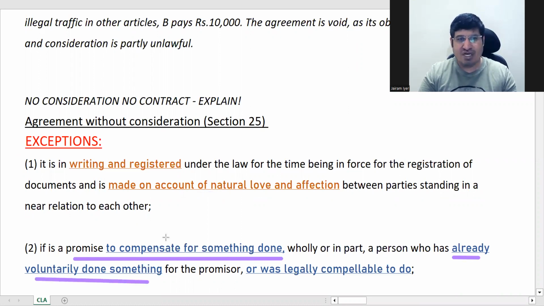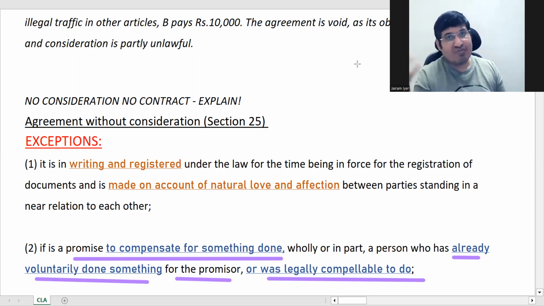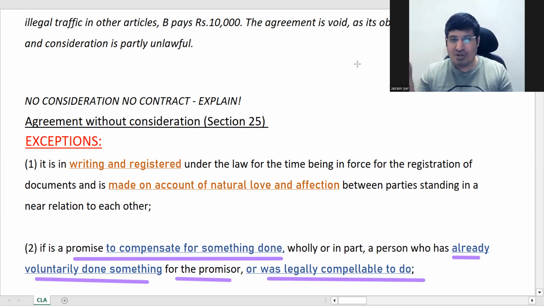If someone has already done something for the promiser, or was legally compellable to do it, it means that if some person has done something good for you already, say in your earlier years, some person has helped you in some way, and later on you have become someone with good means, you have become rich after 10 years or so, and now you want to give him something because you still remember that something good was done in the past, but after 10 years it will appear as if you are unilaterally giving him something.